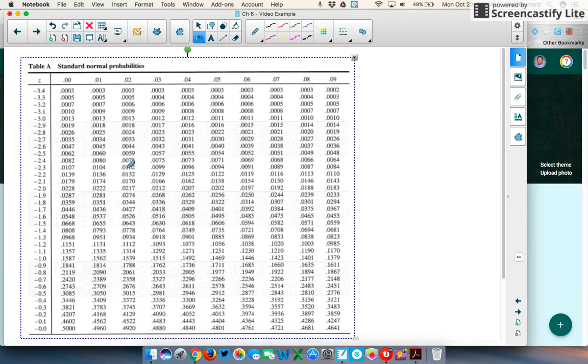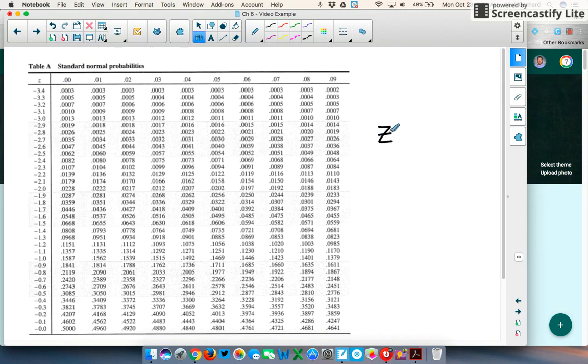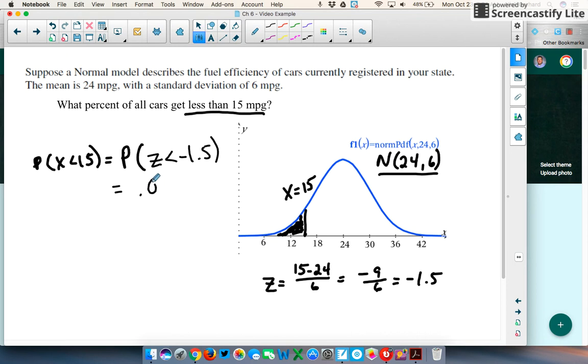So we have to go to the table. On the table, you'll see that on the left side are z-scores down to the tenth, and across the top are hundredths. So we're looking for a z of negative 1.5. The negatives are on the front, the positives are on the back. So negative 1.50 is that one right there: 0.0668. 0.0668 is the probability, or the area under this curve.